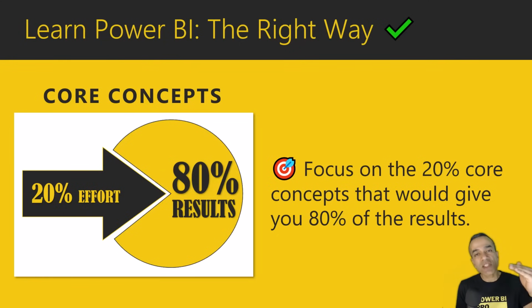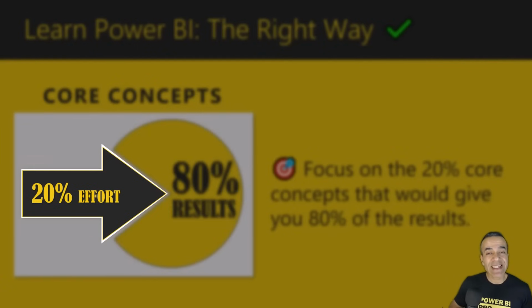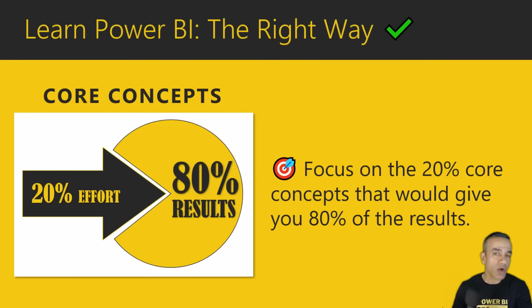What you need is a structured program which shows these to you and explains these to you step by step, so that you master the 20% of the core concepts that's going to give you 80% of the result. That is the smart way of learning Power BI. That way you can get quicker results with less effort.